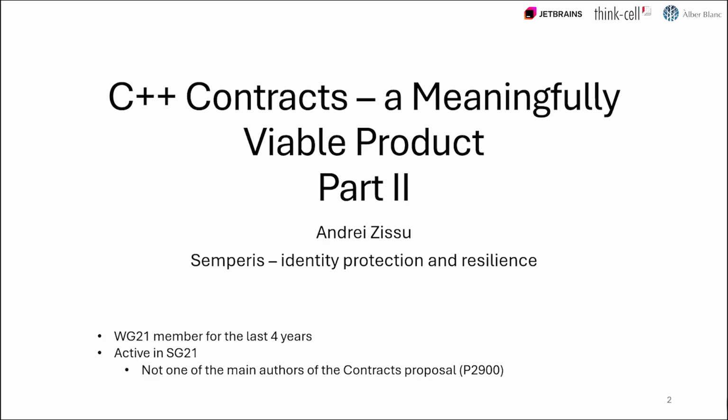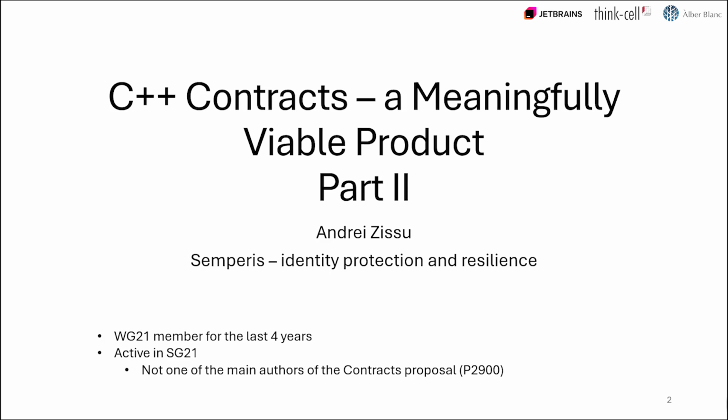As for myself, my name is Andrei Zissu. I'm a veteran C++ programmer from Israel. I currently work at Semperis. We are a unicorn focusing on delivering identity protection and resilience solutions, specializing mainly on protecting Azure and Active Directory, but not only that.